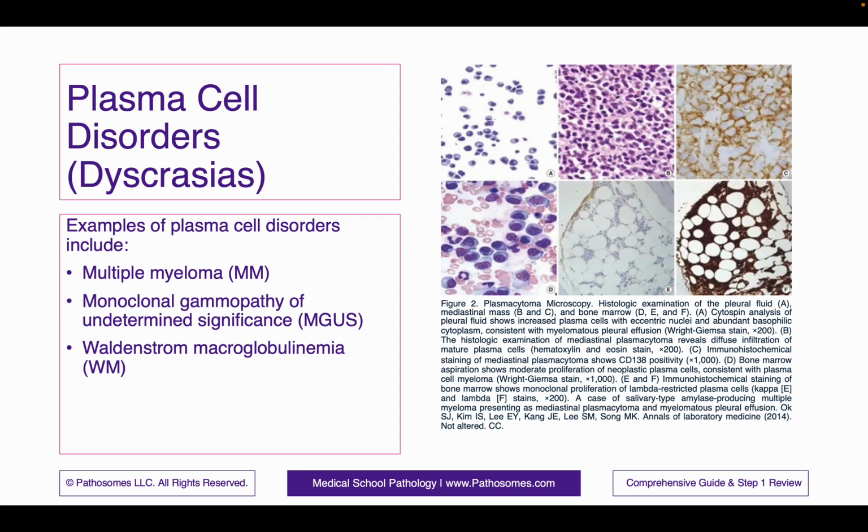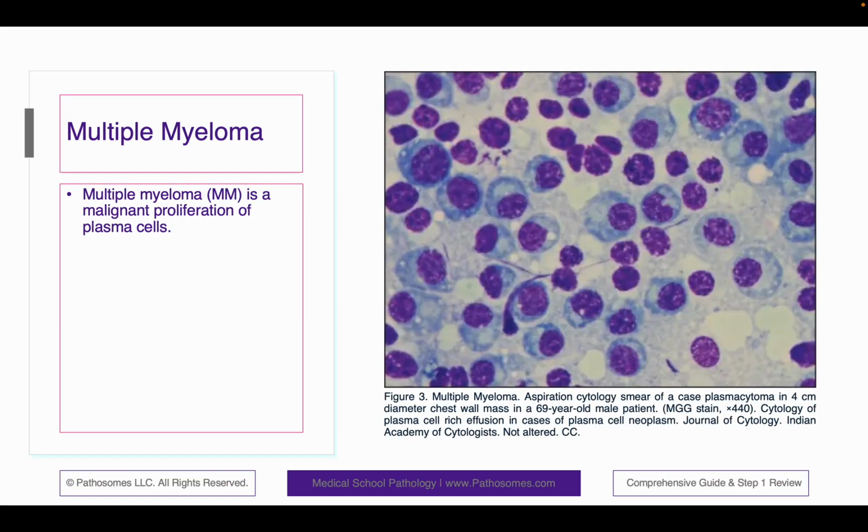Keep in mind that in these plasma cell disorders, the neoplastic plasma cells usually stain with CD138, MUM1, kappa, and/or lambda, depending on if it's a monoclonal process or a polyclonal process. We'll talk about that a bit more. Do you recognize the plasma cells in this image? Can you point out at least 10?